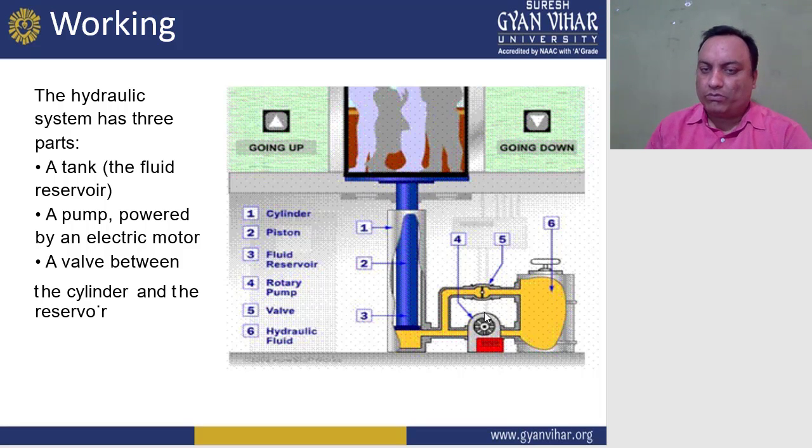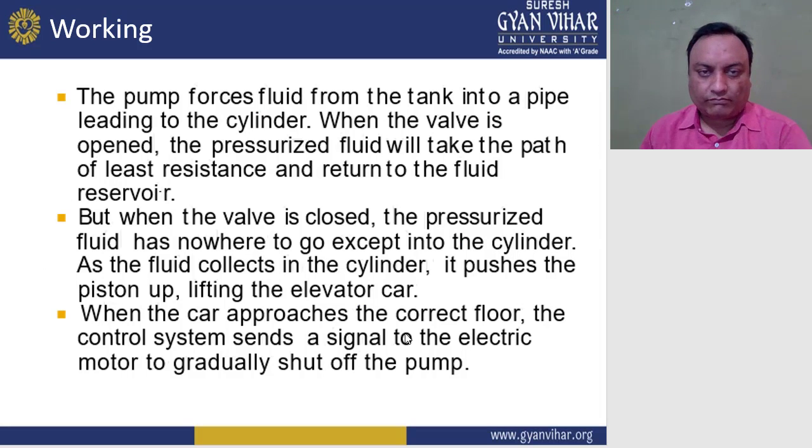When this valve is closed, the fluid goes inside the cylinder body and is pressurized, right? When the valve is closed, the pressurized fluid has nowhere to go except into the cylinder. As the fluid collects in the cylinder, it pushes the piston up, lifting the elevator car.